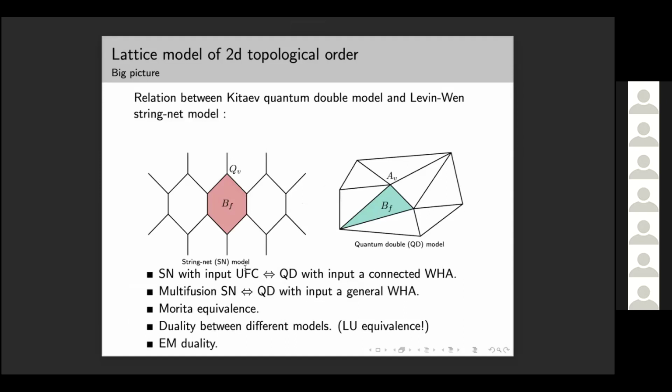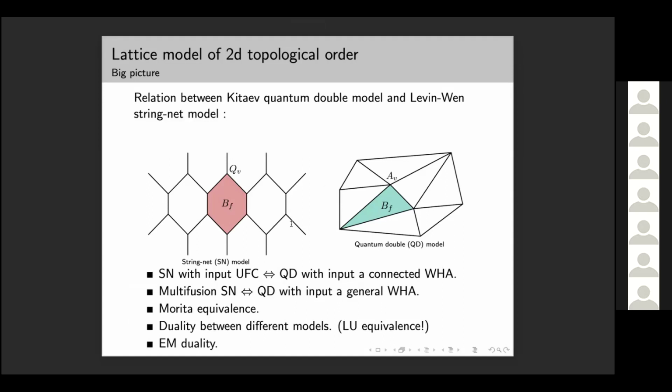So there are two typical models for this 3D topological phase. The first one is the string-net model, a topic I will explain later in this talk, and the second one is the quantum double model. We have a big picture about these two models.